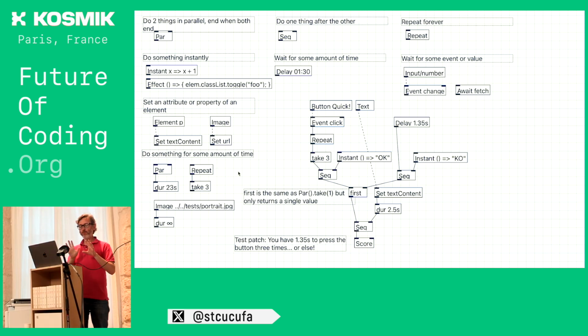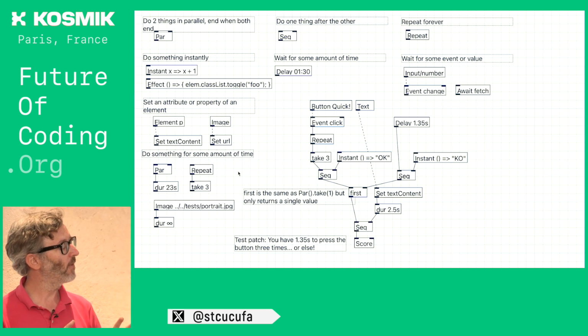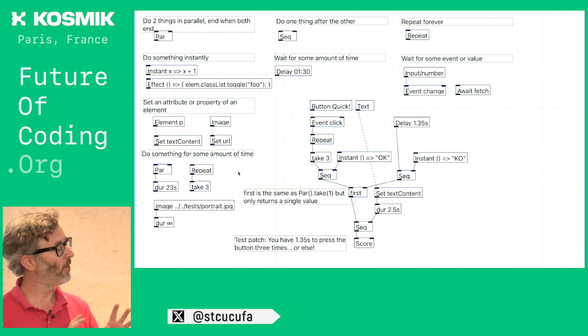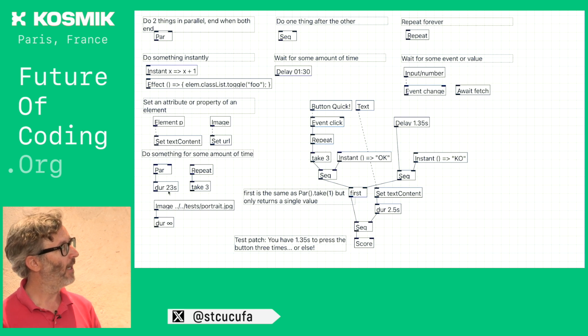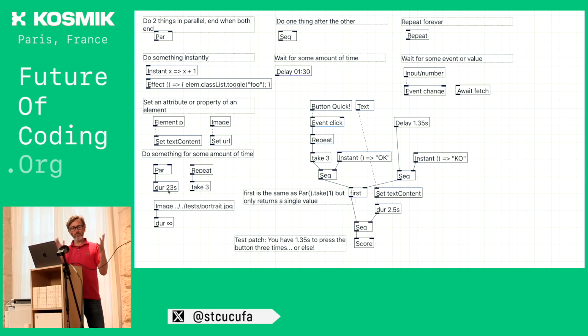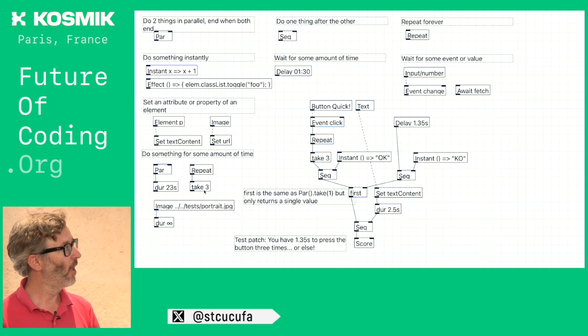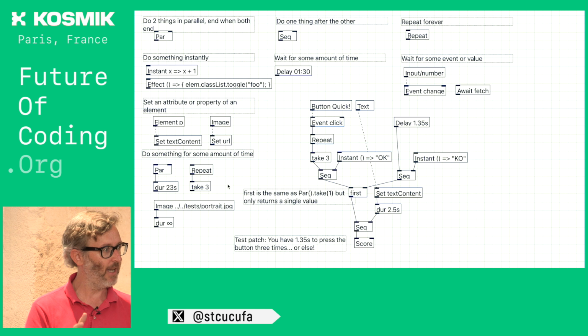And then we have two important concepts, which are these two modifiers, which let you do something for some amount of time. So you want to do something, and it must last 23 seconds. Okay, that's a set amount of time that you give it to last. Or it must last 3 iterations. So you want to repeat, but only 3 times.